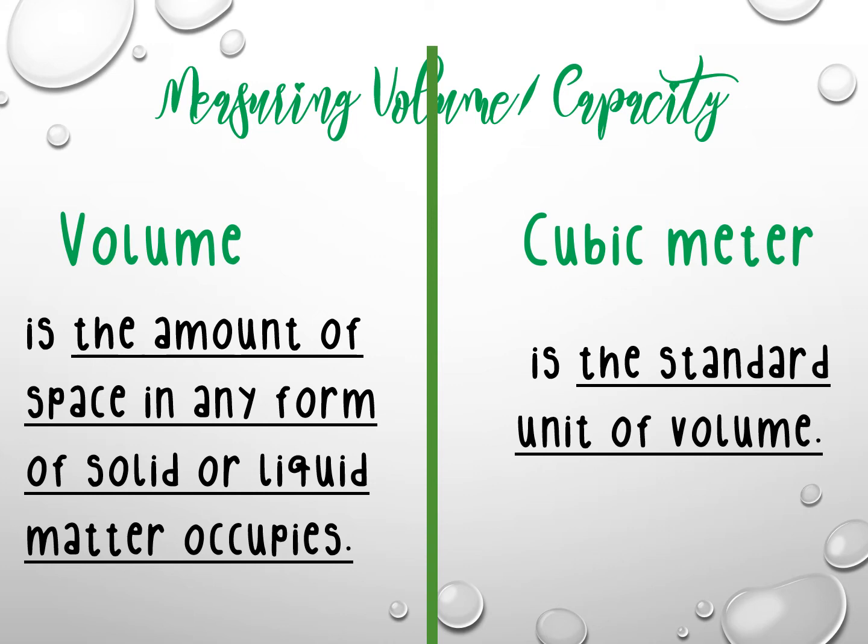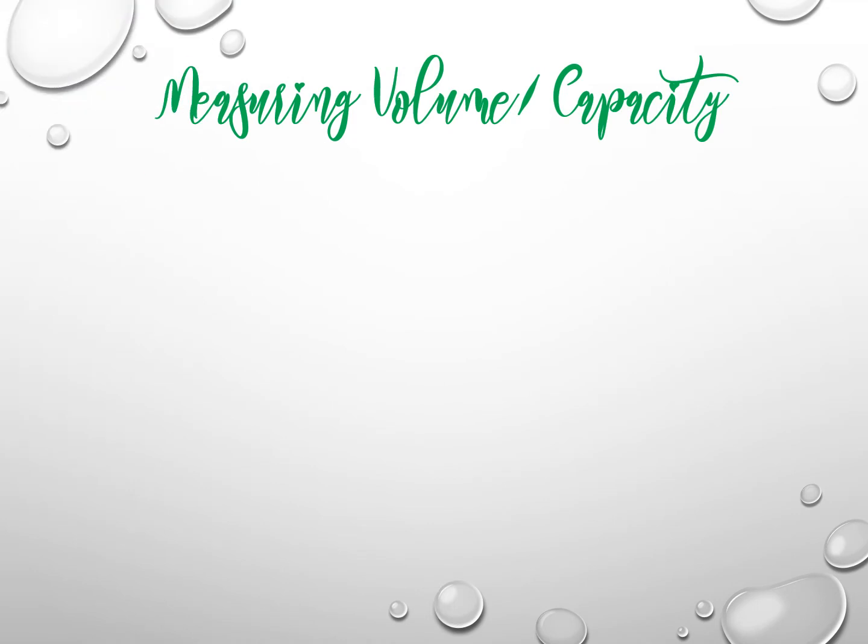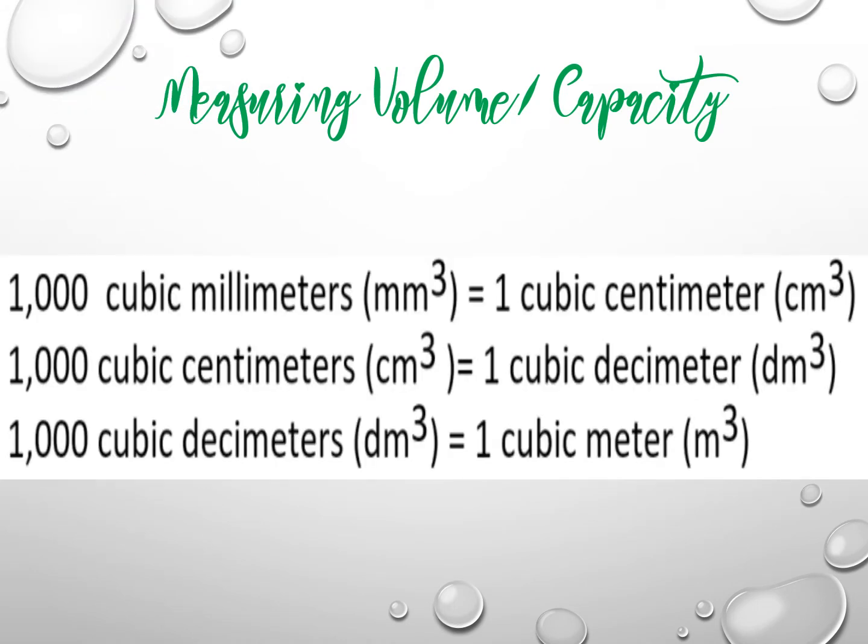So, here are the conversions that are used in daily life. 1,000 cubic millimeter is equivalent to 1 cubic centimeter. 1,000 cubic centimeter is equal to 1 cubic decimeter. 1,000 cubic decimeter is equivalent to 1 cubic meter.